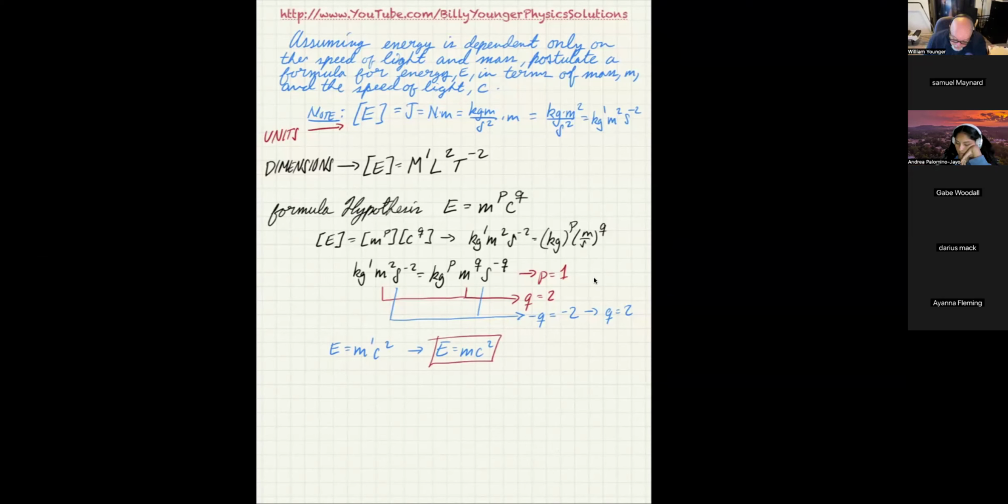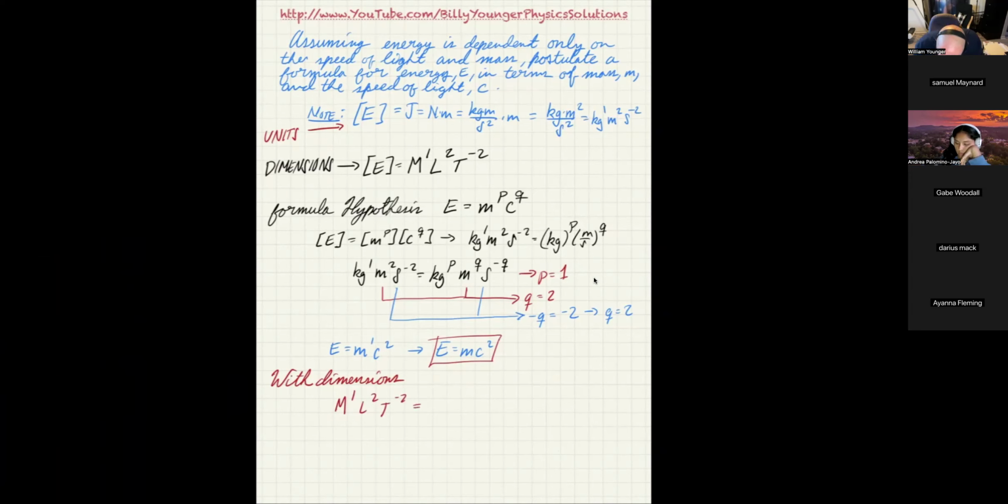Now, I could have also done that with dimensions. If I'd done it with dimensions, it would look like this, and then I'll let you guys go. With dimensions, on the left-hand side we have M to the 1 power, L to the 2 power, T to the negative 2 power.